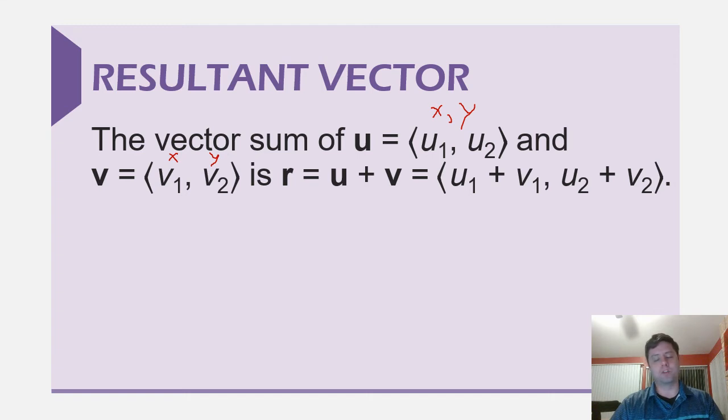They'll just mark them as v1, v2. So then when you're trying to find the resultant, all you're going to do is add the x's together and then add the y's together. So in this case, u1 of this guy plus the v1 from this guy is going to be your x coordinate. And then the u2 and the v2 are going to be the direction in the y.